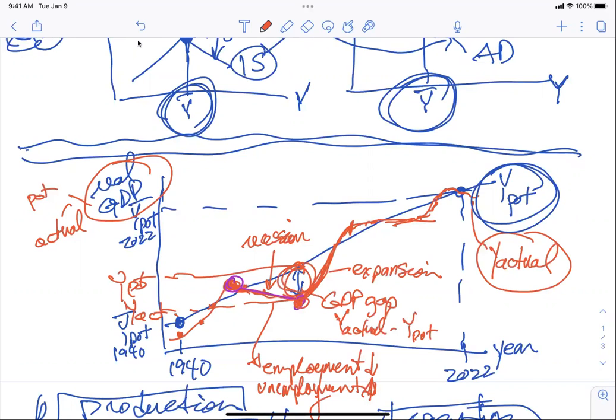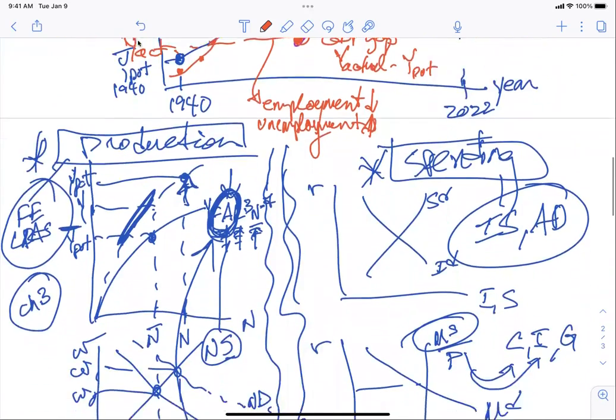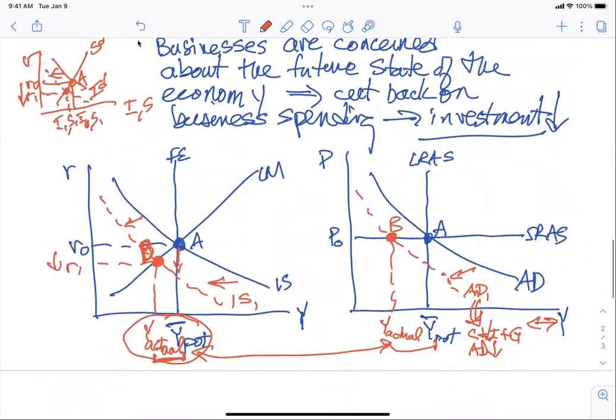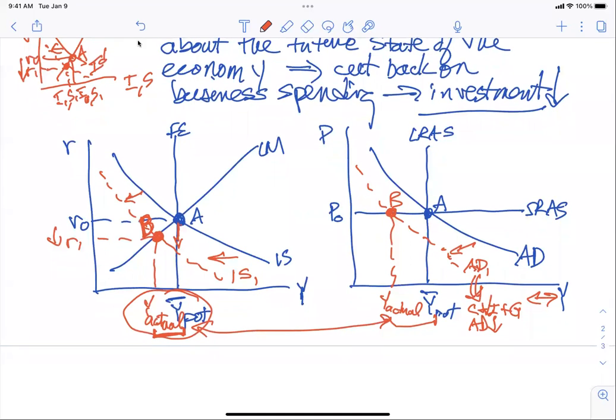The economy's not at full employment, because then we'd be at potential GDP. One of the things that, I'll come back to that. Let's just finish this off. So that's the short run.